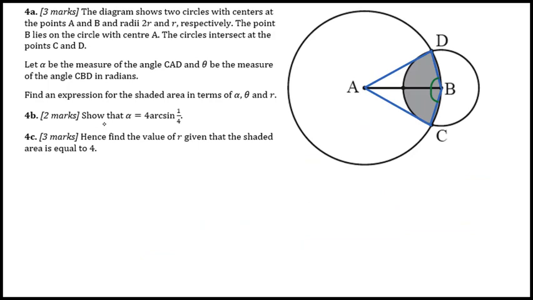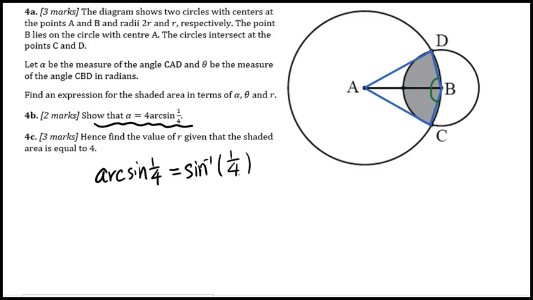Let's go to 4b. Show that alpha equals 4 arcsine 1/4. Arcsine 1/4 basically means the inverse sine of 1/4. So we want to prove alpha equals 4 times the inverse sine of 1/4.